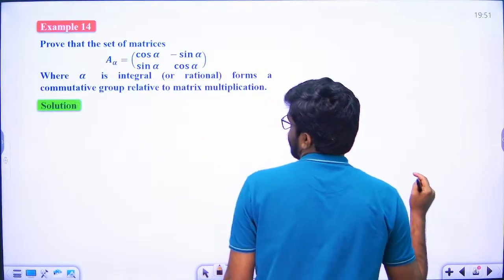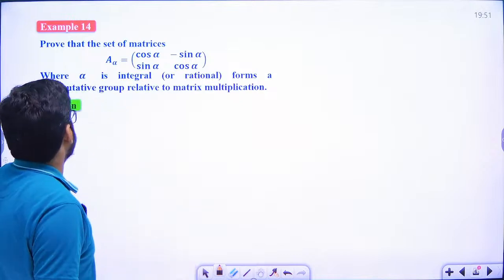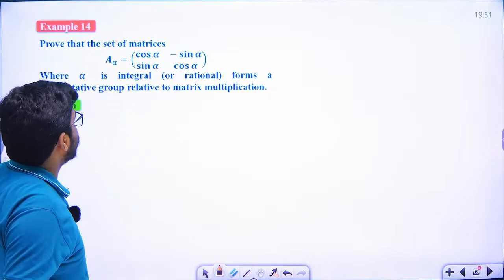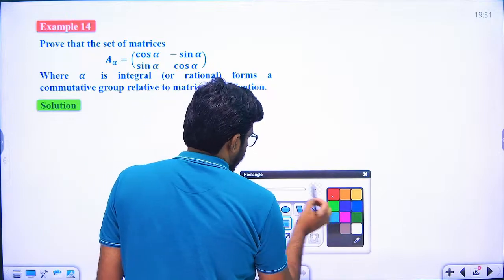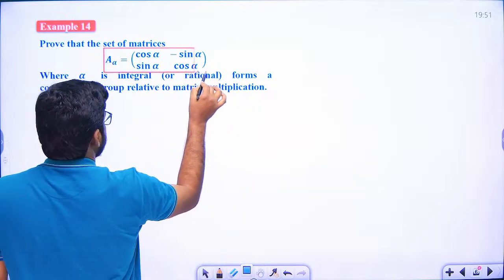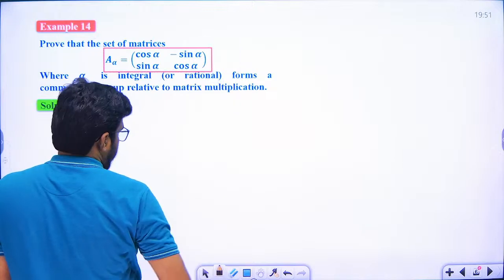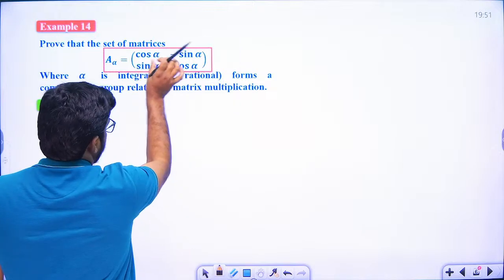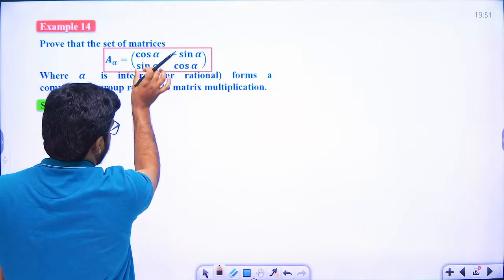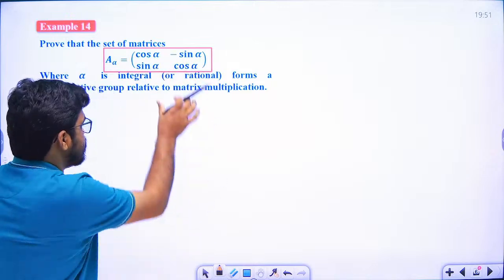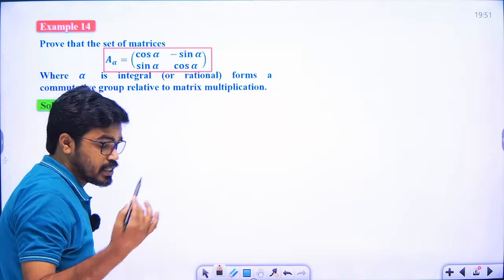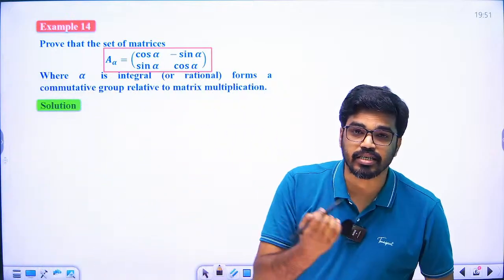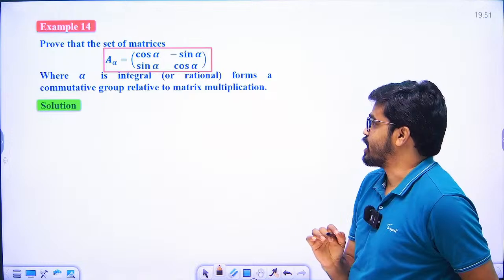So next example. Note this problem. Prove that this set of matrices A alpha is defined by cos alpha, minus sin alpha, cos alpha. So this is a 2 cross 2 matrix where alpha is an integer, or rational.